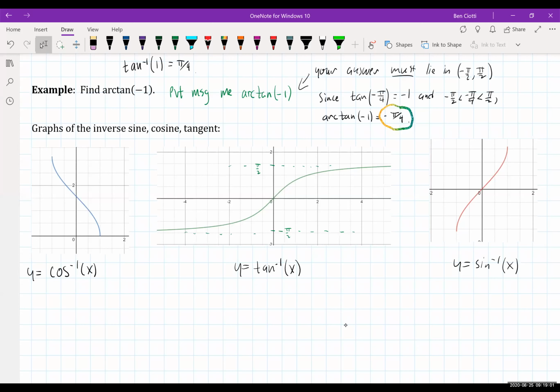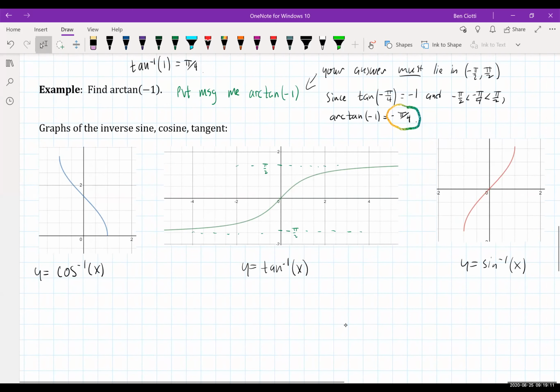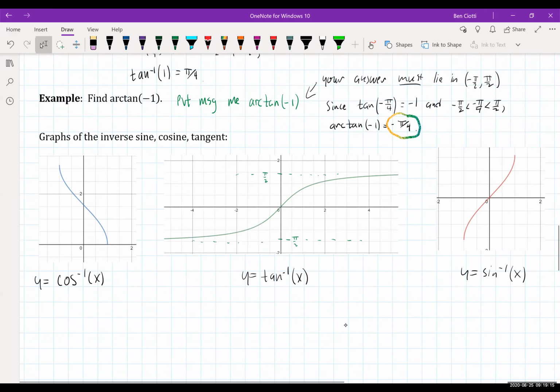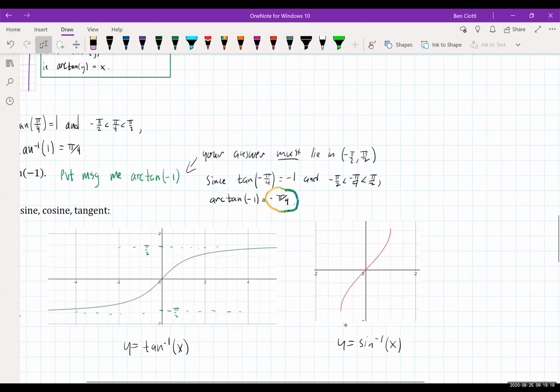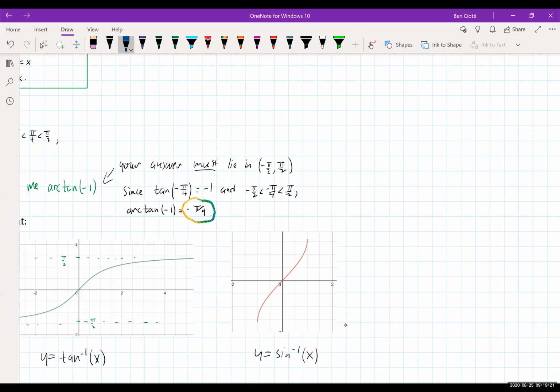Valentina? I'm kind of confused. How do you get that inverse tan answer? So, I needed an angle whose tangent was -1. Let's check, what's tangent of negative pi over 4?